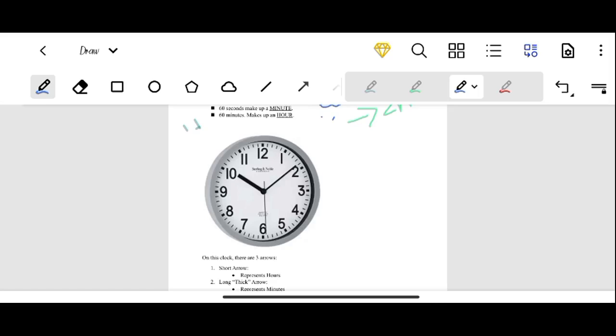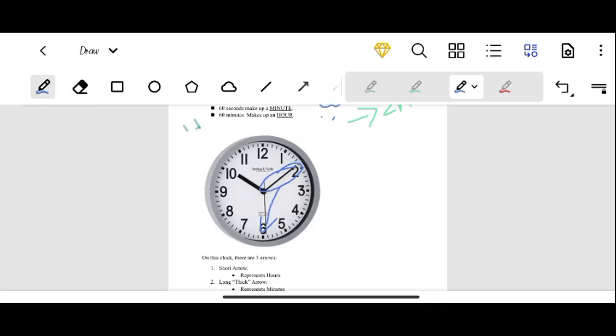If it is quarter to, the long arrow should be pointing at 9. What if they say it is quarter past? This long arrow is supposed to be pointing at 3. What if they say it's half past? If it's half past, this long arrow is supposed to be pointing at 6.